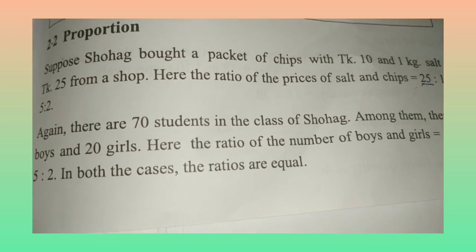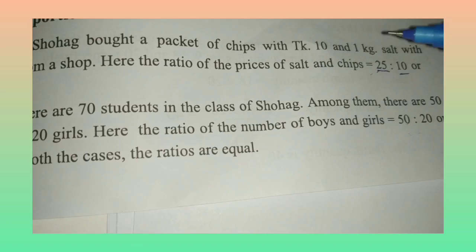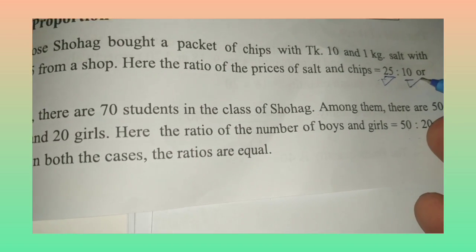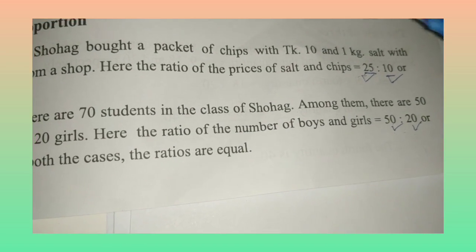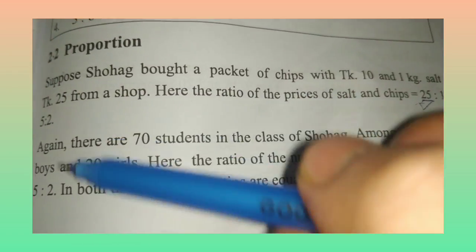So in this scenario we have 4 quantities. One is salt, another is packet of chips, one is number of boys, another is number of girls. In both the scenarios the ratios are equal.